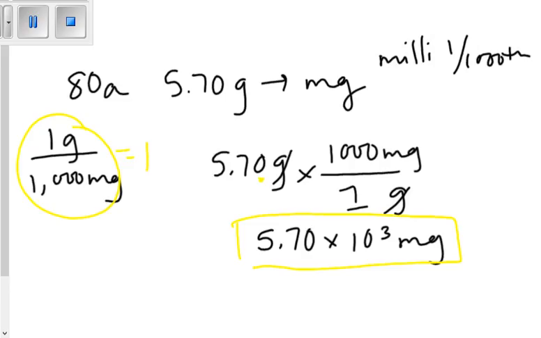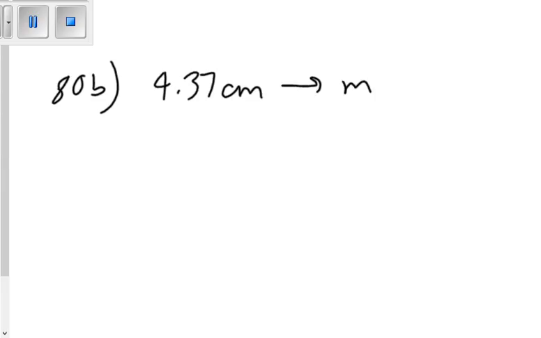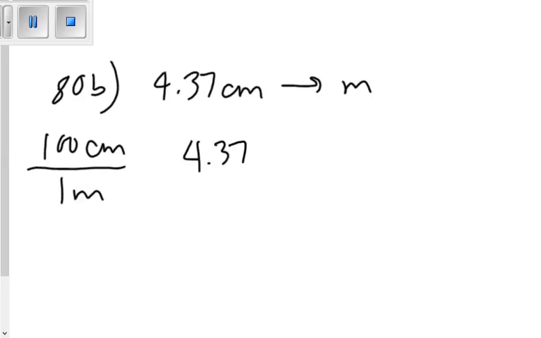So let's look at one more in this video. So 80B, I believe. In this one, now we have 4.37 centimeters, and they want to convert that to meters. So centimeters is a smaller unit. There are 100 centimeters in 1 meter. So my number should get smaller here. So 4.37 centimeters.